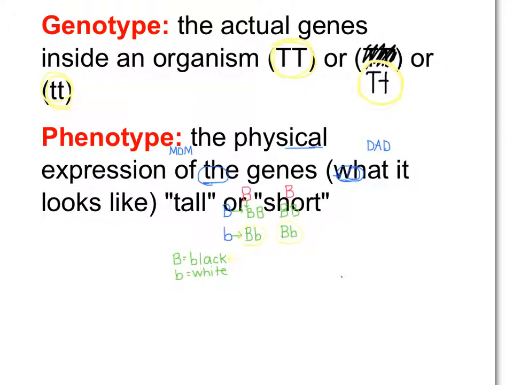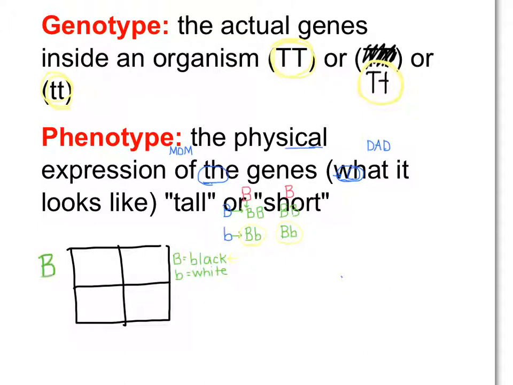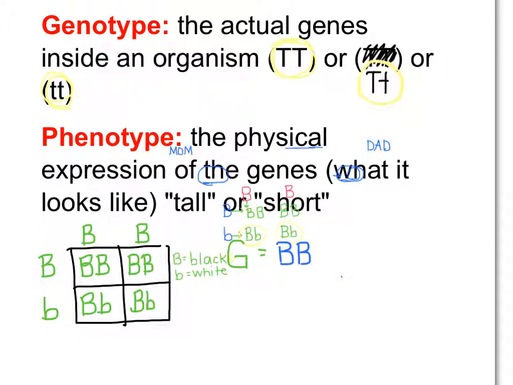If you remember correctly, our Punnett square for our two bunnies on the previous slide ended up looking like this. If we looked at this scenario and were asked what was the genotype, your answer would be pure dominant or black fur.